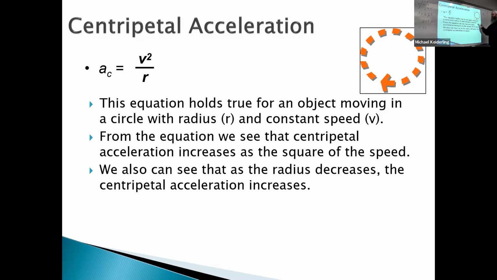And this holds true for any object moving in a circle with radius r and constant speed v. We can see the centripetal acceleration increases with the square of the speed. And as the radius decreases, the centripetal acceleration increases. So you can increase centripetal acceleration by either spinning things faster or decreasing the radius that they move around at, assuming they're moving at the same speed.